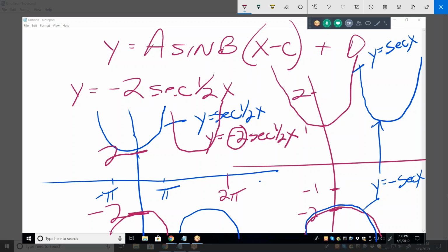Okay. I may not have drawn it exactly appropriately, but that's the way you do these sinusoid functions. They really are an awful lot like transformations of polynomials. In fact, there is virtually no difference. This is a vertical stretch factor. This is a horizontal stretch factor. This is a horizontal shift, and that's a vertical shift.